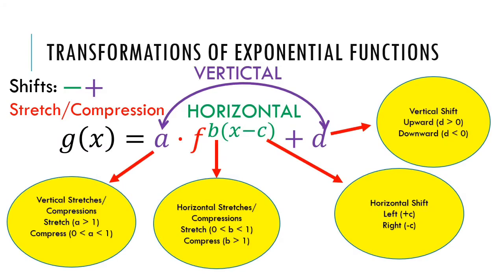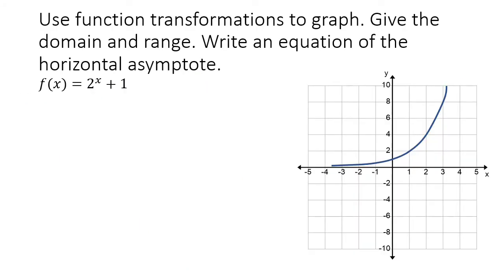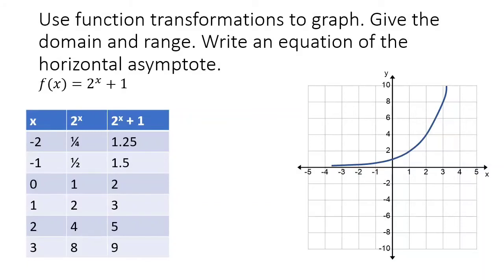So let's get back to our function. Here we have our original function, 2 to the x. Now if we add 1 to each of these, that basically is our transformation. It is a vertical shift up. You're just adding 1 to the y.